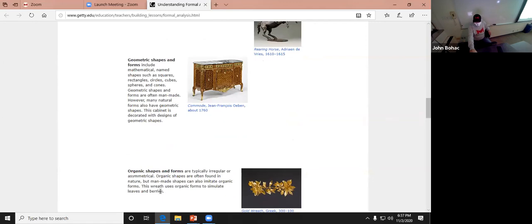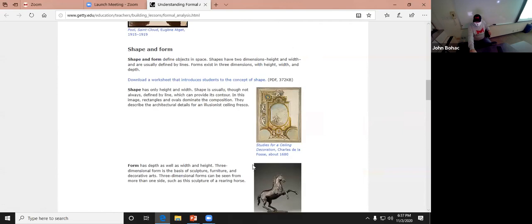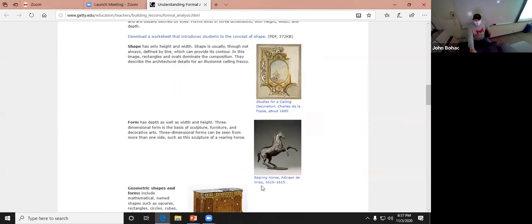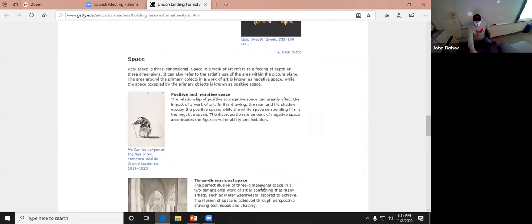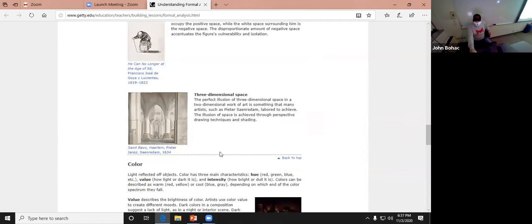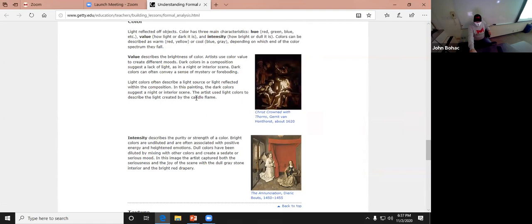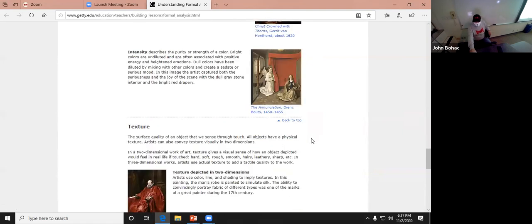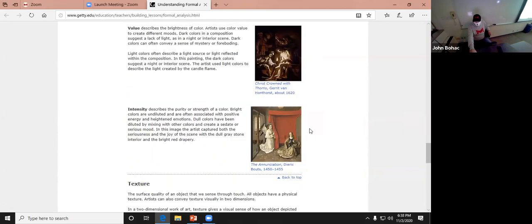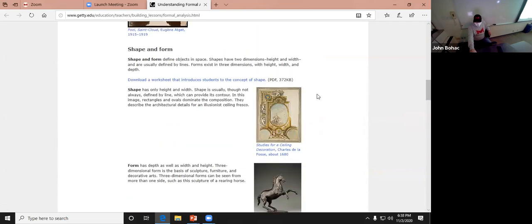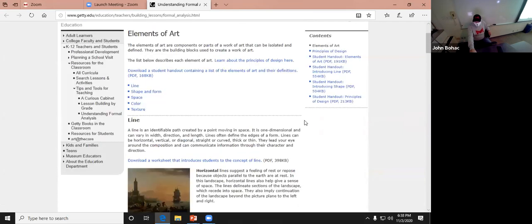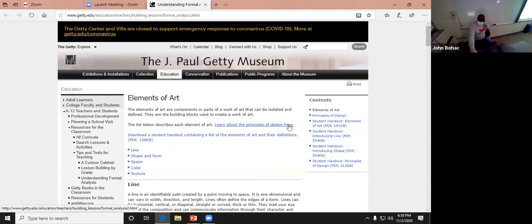They talk about organic shapes and forms here, as opposed to form that is essentially geometric. Three-dimensional space, what kind of color is used, etc., etc. This is a little tricky, but you don't really have to get into it a whole lot.